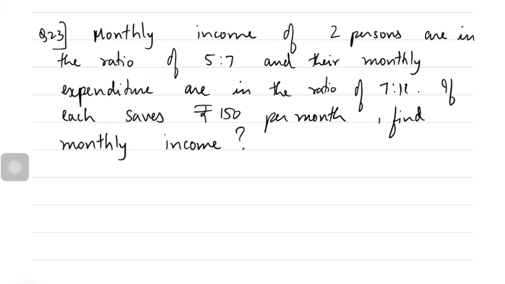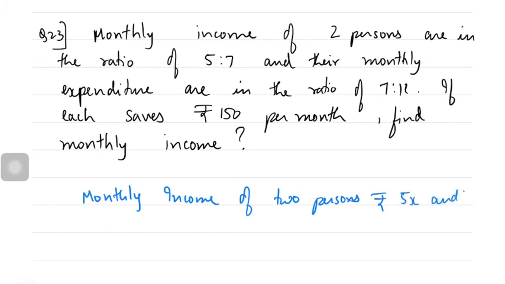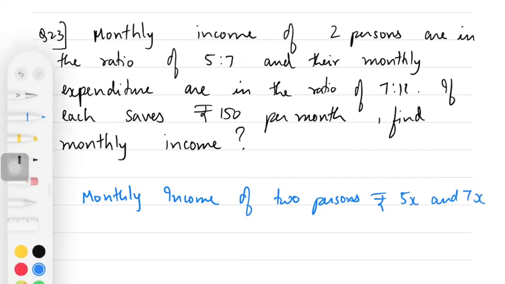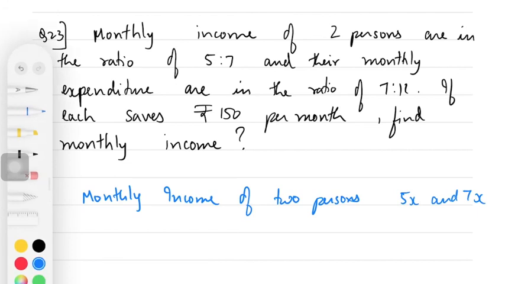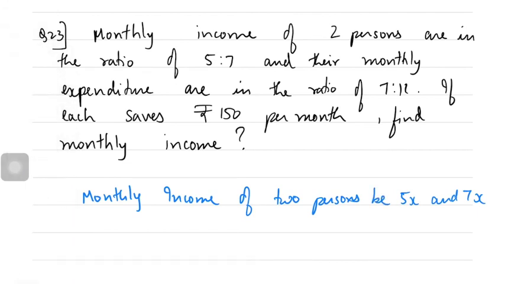Let the monthly incomes of the 2 persons be 5x and 7x, because the monthly incomes are in the ratio of 5 to 7.